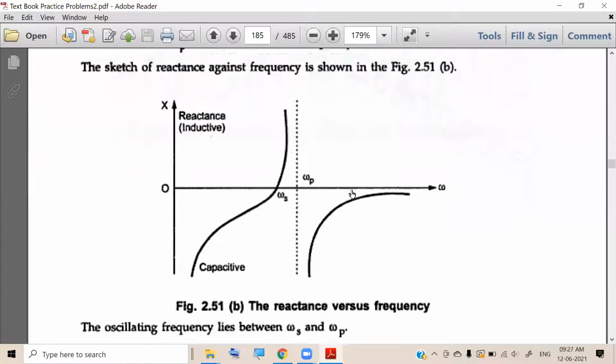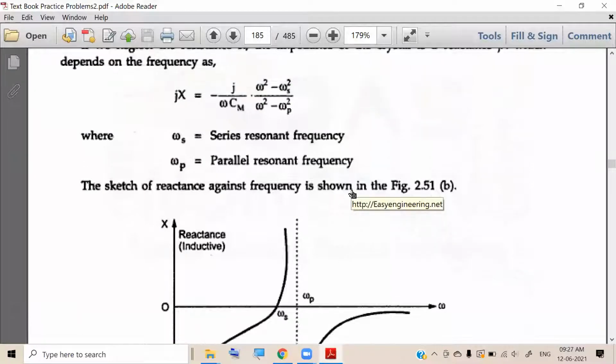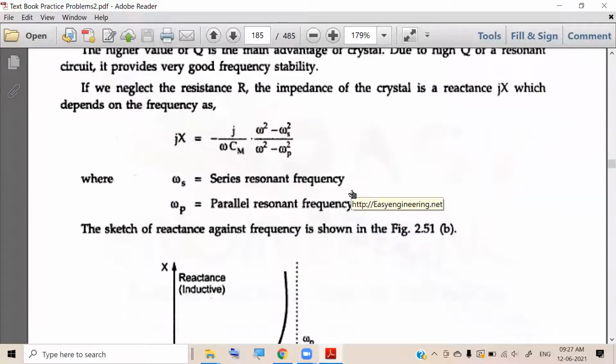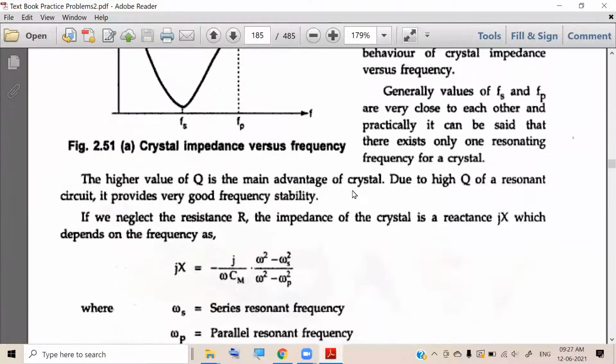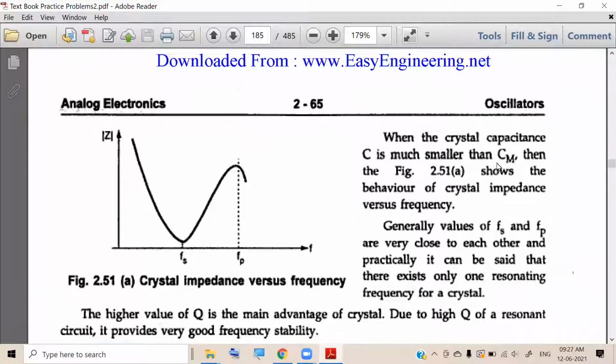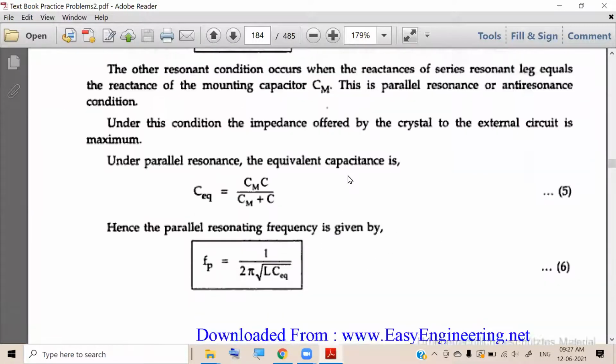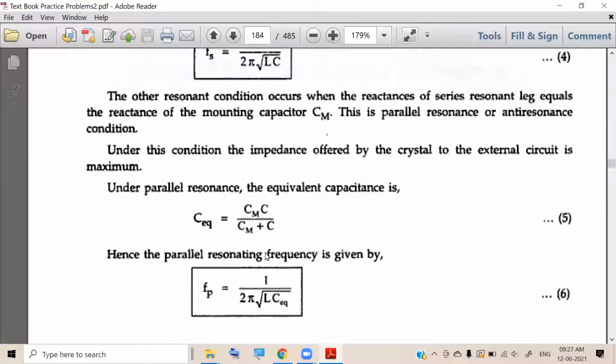We have seen that the mounting capacitor should be much greater than the series capacitor. We have discussed that if Cm is much greater than C, then C equivalent will be nearly C and both the frequencies will be equal.